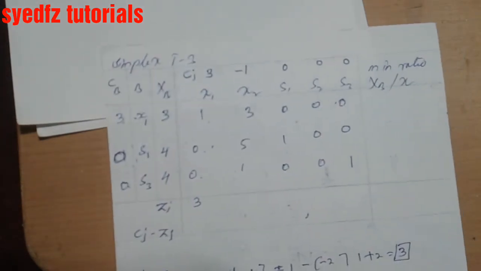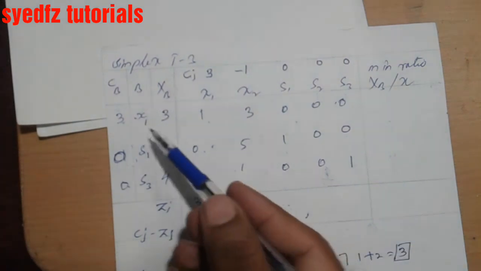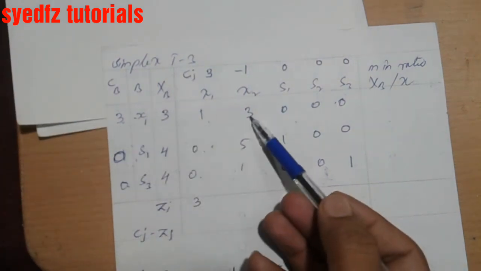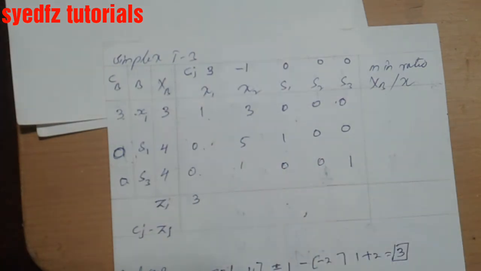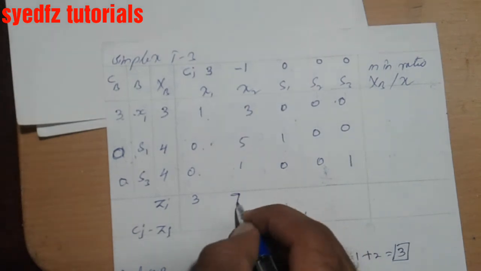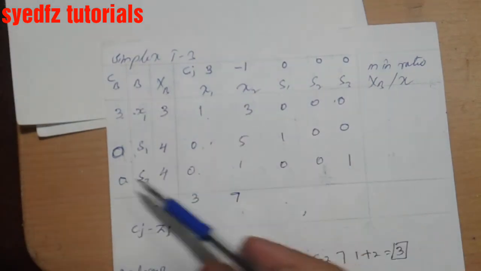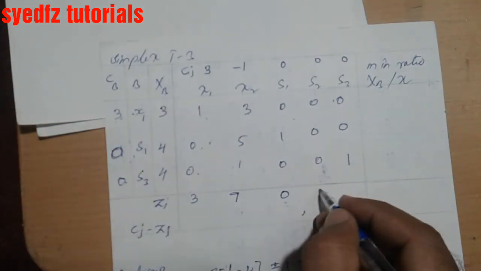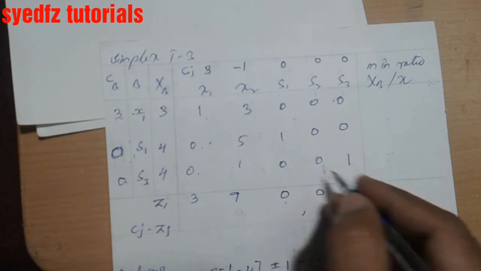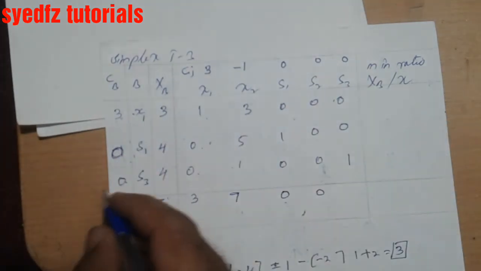Now 3 threes are 9, 0, 0, so it became 9. Now 3 into 0, 0, 0 into 1, 0, 0 into 0, 0. 3 into 0 means 0, this one 0, 0. 3 into 0, 0, 0 into 0, 0, 0 into 1, 0.